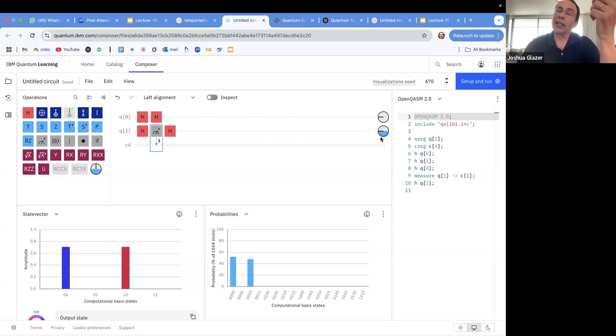Because I have a half chance, square root of half, yes? Half chance to get two blues and another 50% to get two reds. So the wave function is really square root of half red red, plus square root of half blue blue. That's the wave function. Is it understood or not?